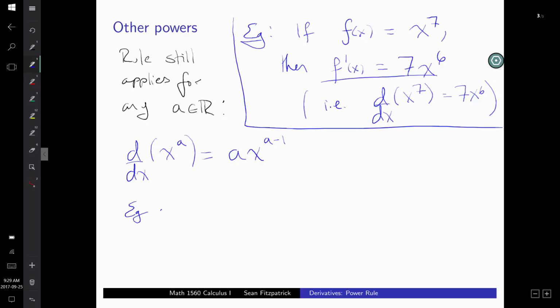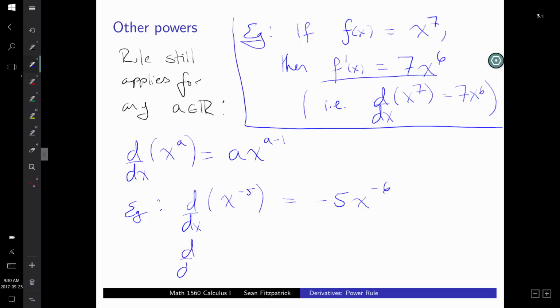So, for example, if we wanted to do the derivative of x to the minus 5, the power rule says the minus 5 comes down in front, and if I subtract 1 from minus 5, so be careful here that we're doing minus 5 minus 1, right? It's always minus 1. So subtracting 1 from minus 5 takes me to minus 6.